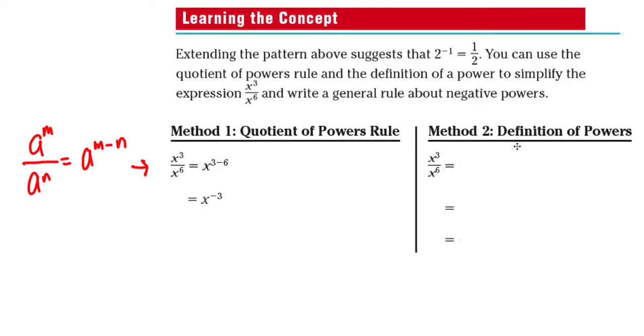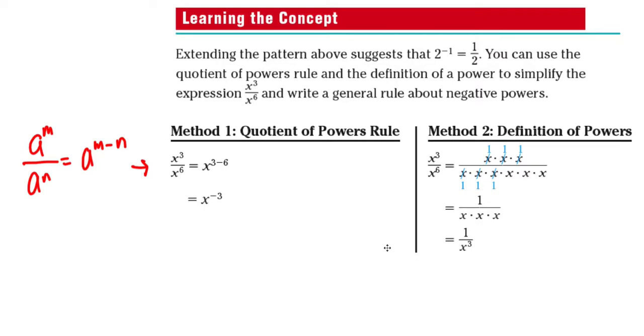And let's do the definition of powers by simply expanding it. This is x cubed, three x's, over x to the 6th, six x's, as x is used as a factor 6 times. Then we cancel out our common factors, x over x being 1, and you end up with 1 times 1 times 1 over x cubed, so that is 1 over x cubed.